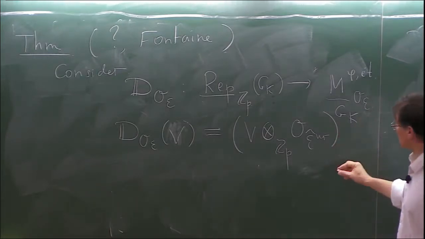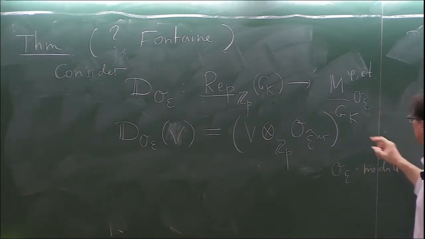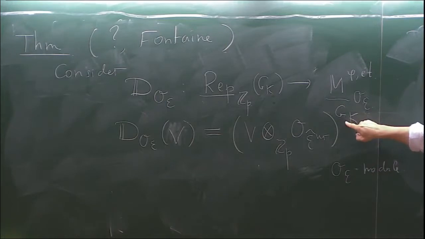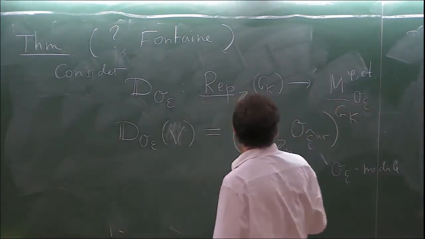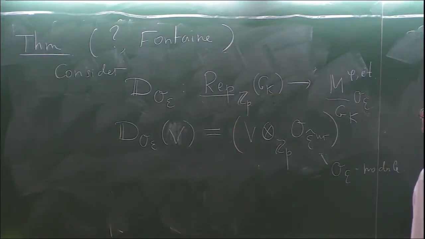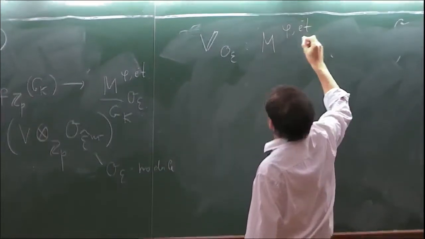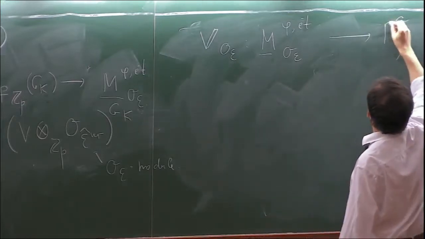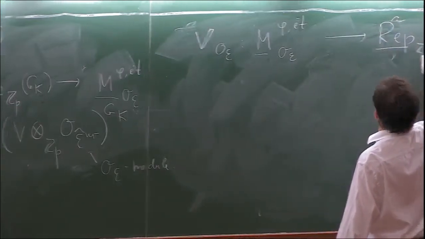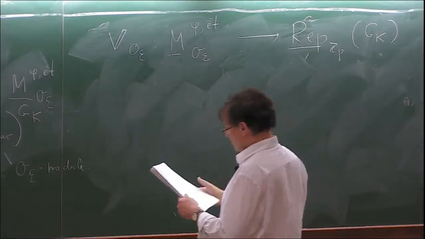So this is an O_E module, because O_E is stable under the action, fixed by G_K. And the functor V or E from the category of étale modules to the category of p-adic representations. Again, one should check that we get a p-adic representation.